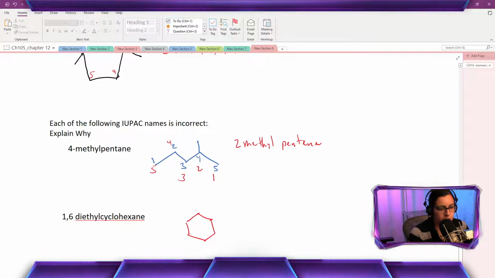So 1, 2, 3, 4, 5, 6 diethyl. But how else could we have numbered these positions? So how would we name this one?